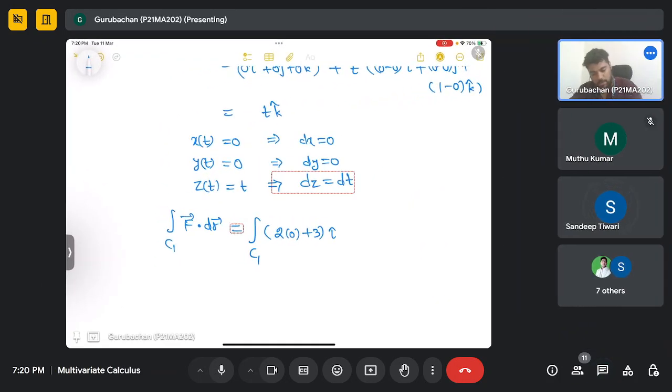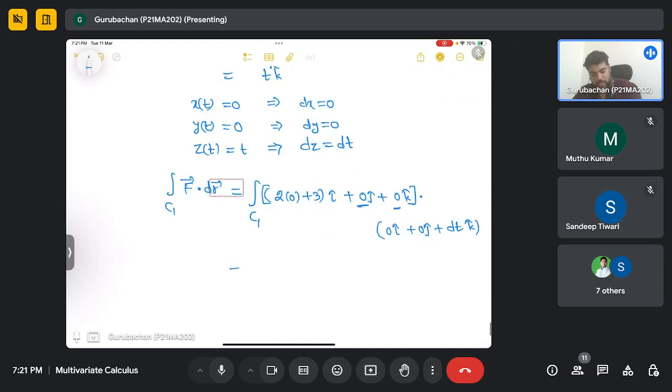Plus 0 j cap plus 0 k cap. Okay, because y is 0, x is 0, so xz will be 0, and from this yz will be 0 and x is 0. With dot product with dr. What is dr? 0 i cap plus 0 j cap plus dt times k cap.